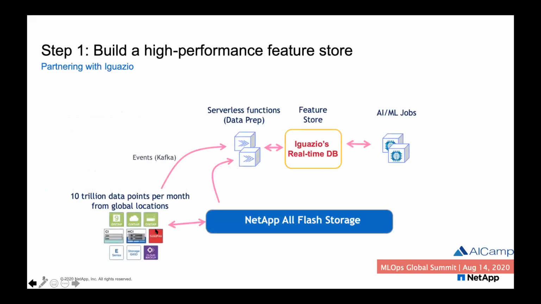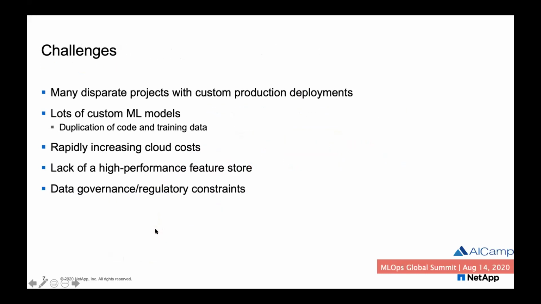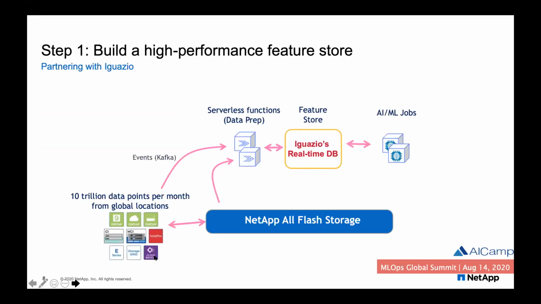So to solve these problems, we essentially took 4 steps. The first step we did is we decided to build a high-performance feature store. We decided to essentially get rid of our Hive data store, and we partnered with a startup called Iguazio. Now, Iguazio does, I'd say, 3 things for us.